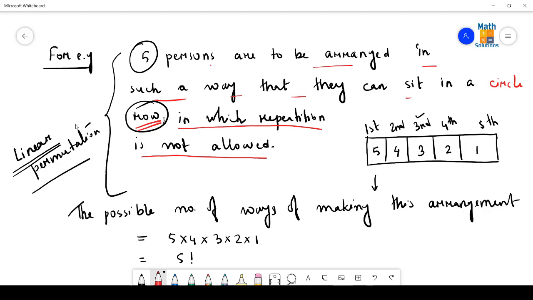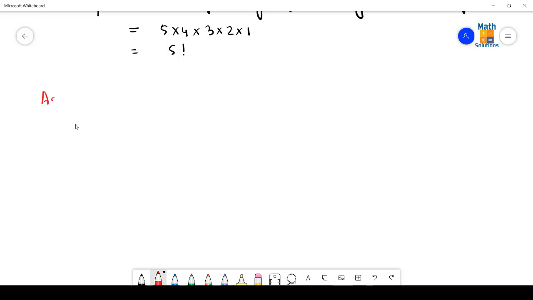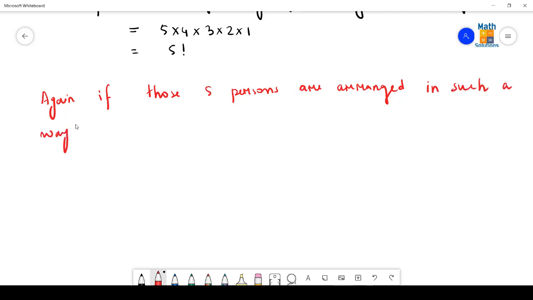Let me write the question here again: if those 5 persons are arranged in such a way that they have to sit in a circle, let us check what happens.